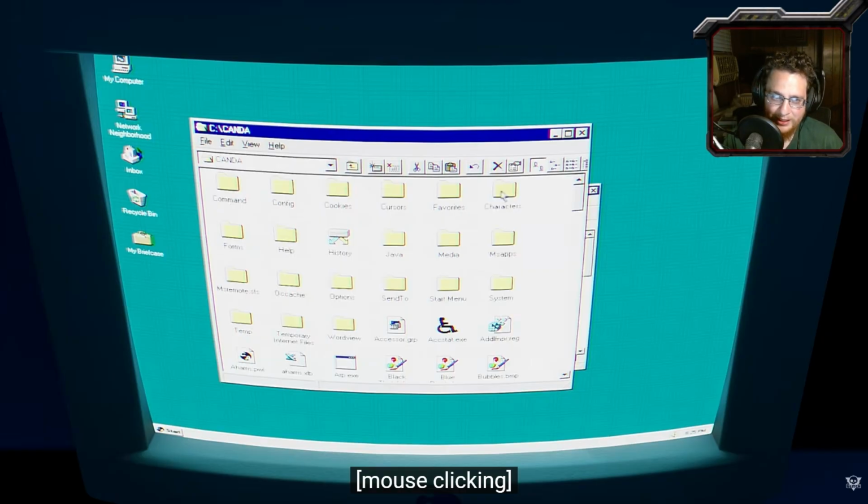Let's see. You know what? No, Canada... Yeah, no, I don't think Canada is a reference to the company name. It's got to be some kind of reference that I don't get. Because now that I'm looking at this, it almost looks like it's the main file system, because it's C Canada. Favorites, cookies, forms, help, history.